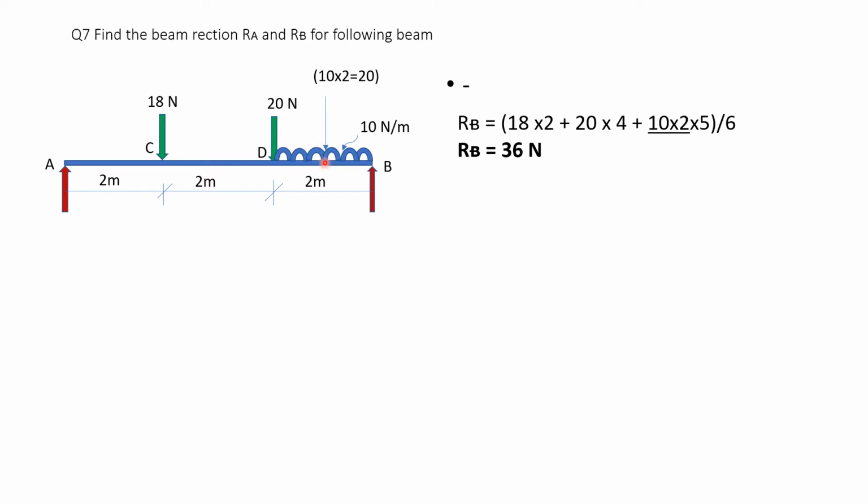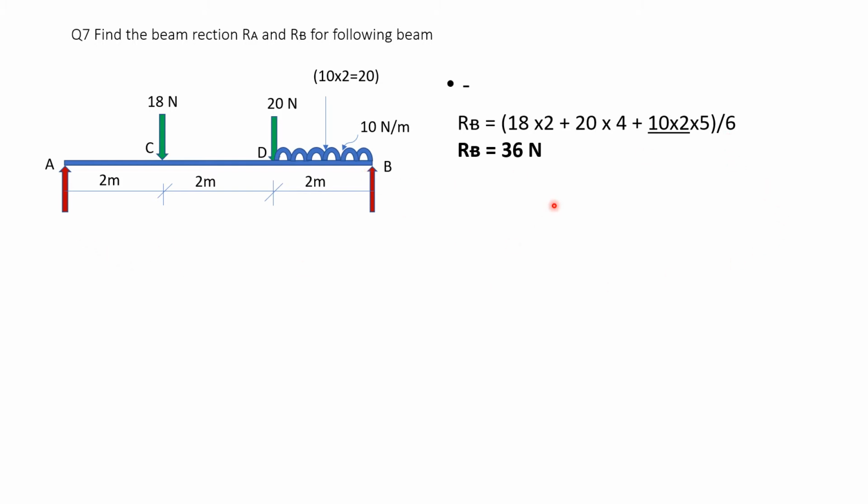Now from this point to A it will be 2 plus 2 plus from here to here 1, that is 5. So this distance will be now 5 meter. So 10 into 2 into 5 will be the moment for the UDL, and put the bracket here, bracket open, bracket close, divide by the distance between A and B, that is 6.